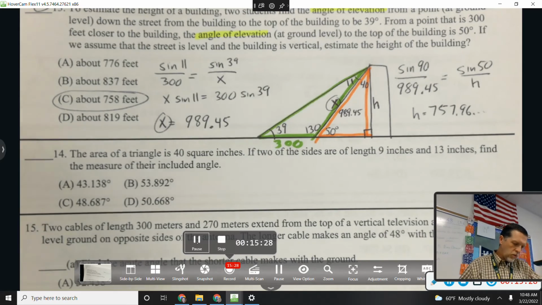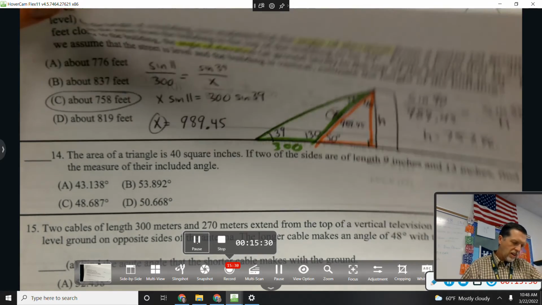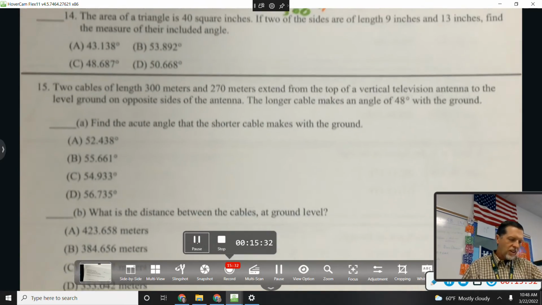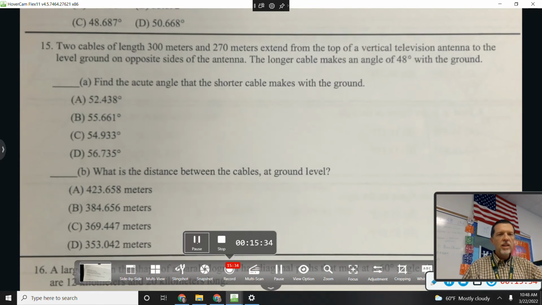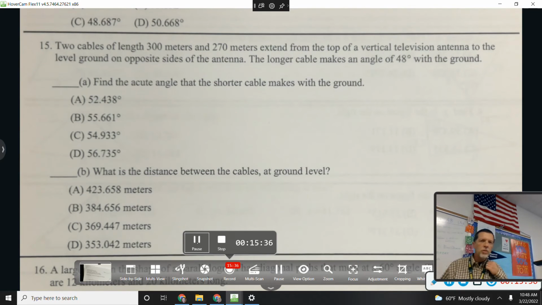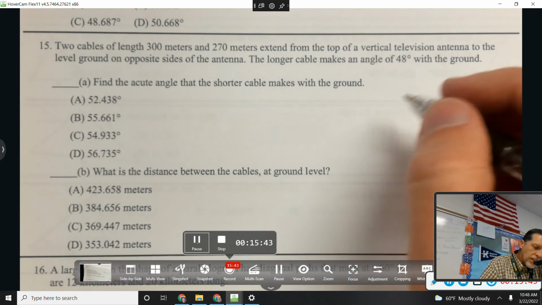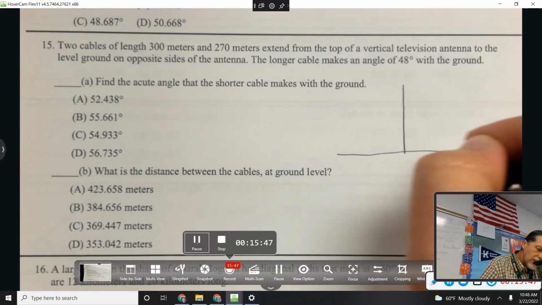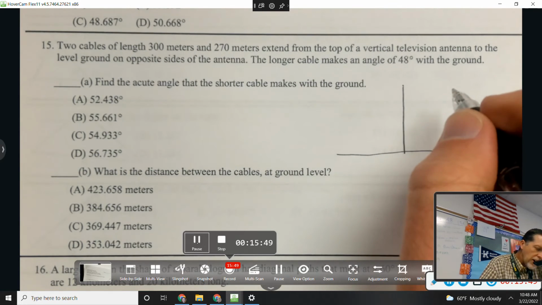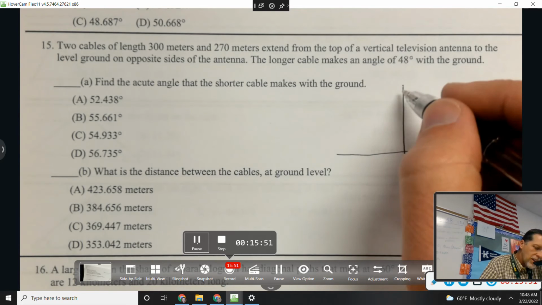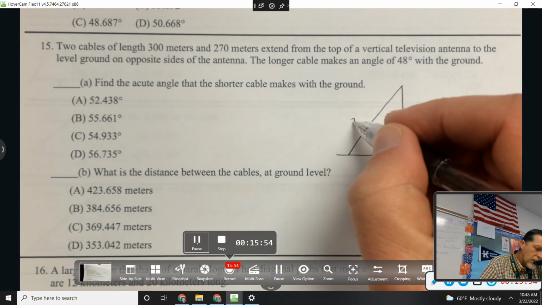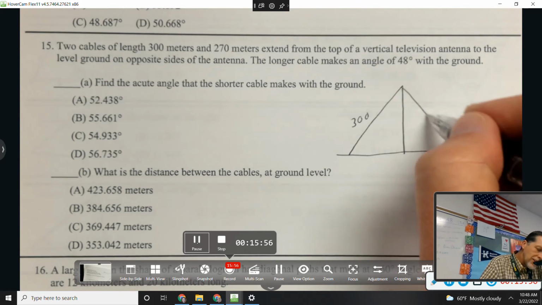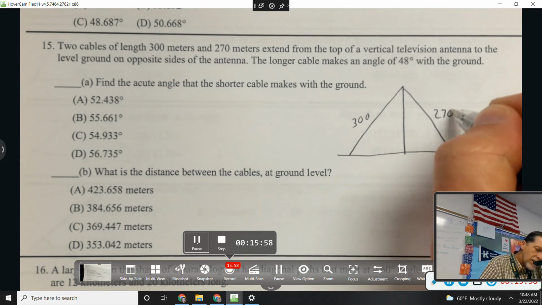Let's do the start of 15 and the start of 16. So 15, two cables of length 300 and 270 extend from the top of a vertical television antenna to the level ground on opposite sides of the antenna. Okay, so one length is 300, one length is a little bit less than that, 270.